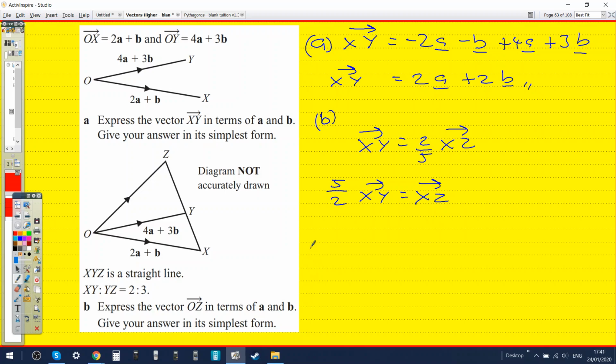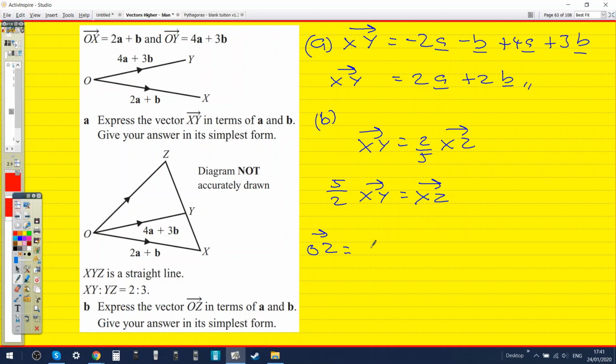Okay, how do we go about getting O to Z? Five halves of open brackets 2A plus 2B. Hold on. So just say what it is first. O to Z, how would we get to it?